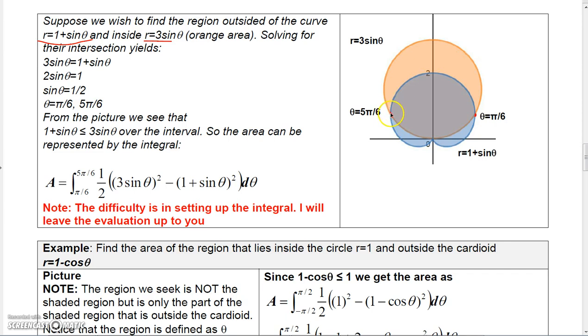And when I do that, the outer radius is going to be the blue curve, and the inner radius is going to be the orange curve as I sweep from pi over 6 to 5 pi over 6.